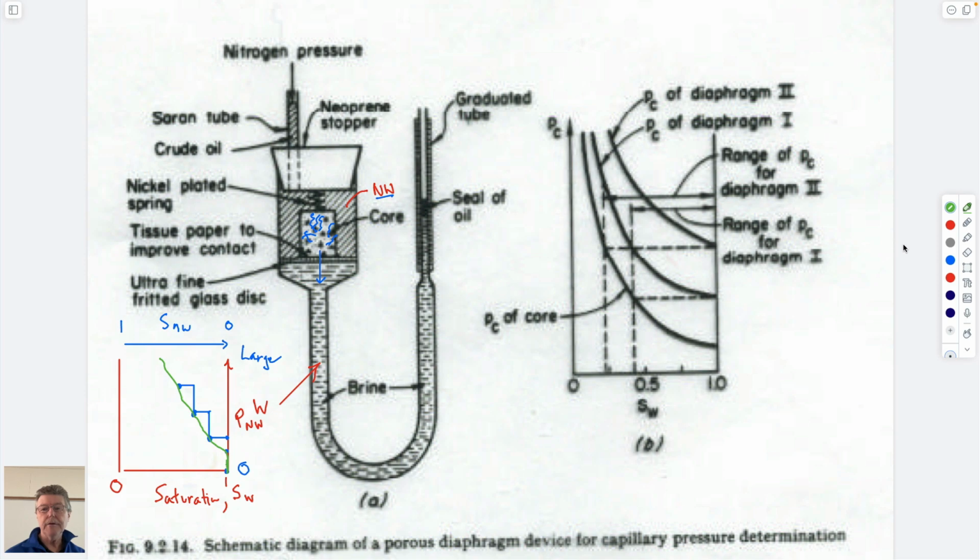So if we keep on going up with this, those will be the points we get each time. And then at some stage, if we keep on increasing the fluid pressure, nothing will happen. It will go over, but ultimately will go vertically. There'll be no change in saturation.